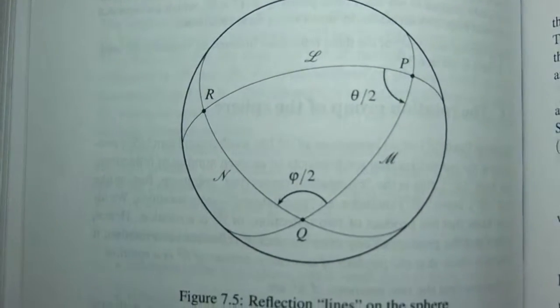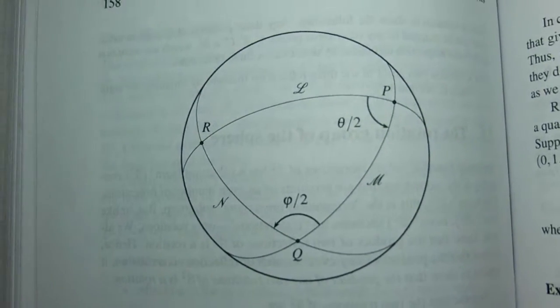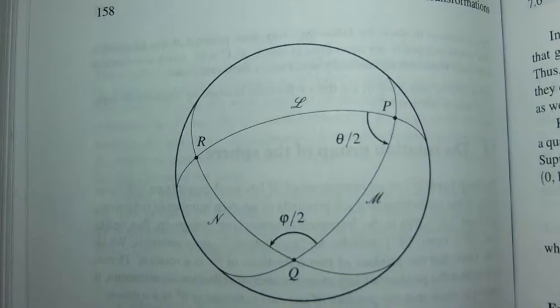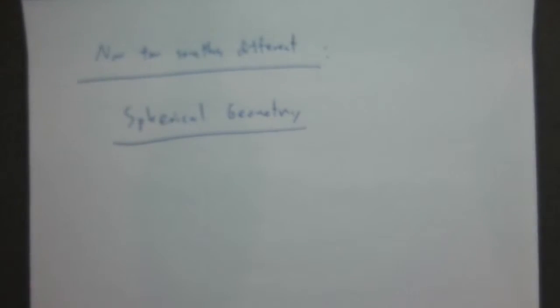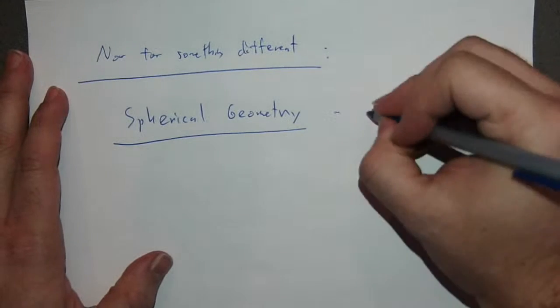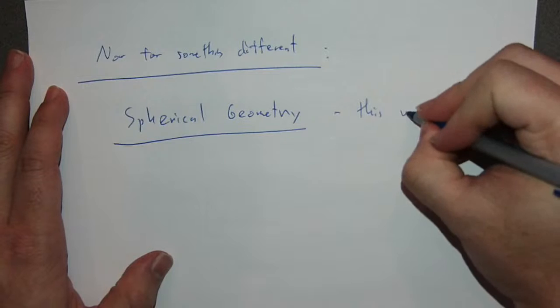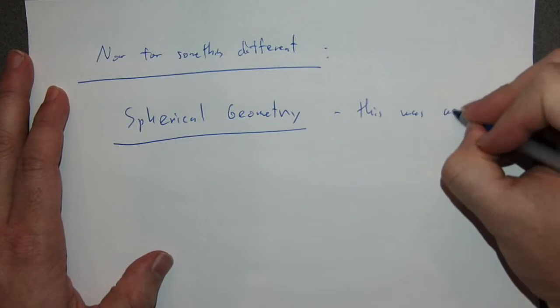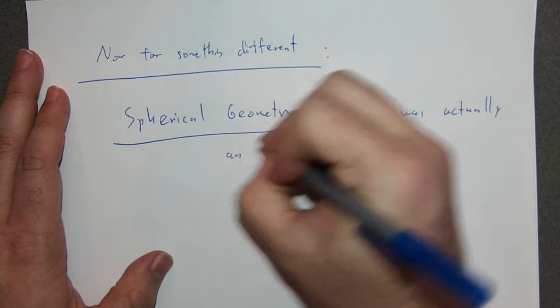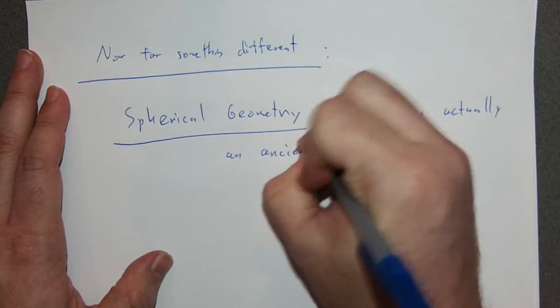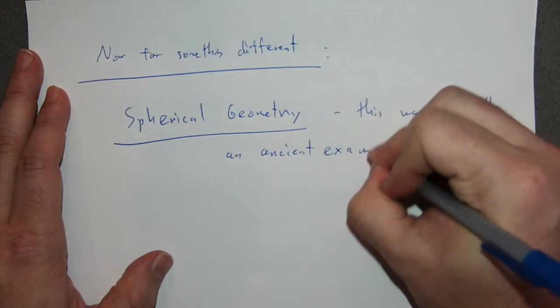And inherently, from other topics other than geometry or math, a lot of things about the sphere. The first thing that should be noted is that this was actually an ancient example of non-Euclidean geometry.